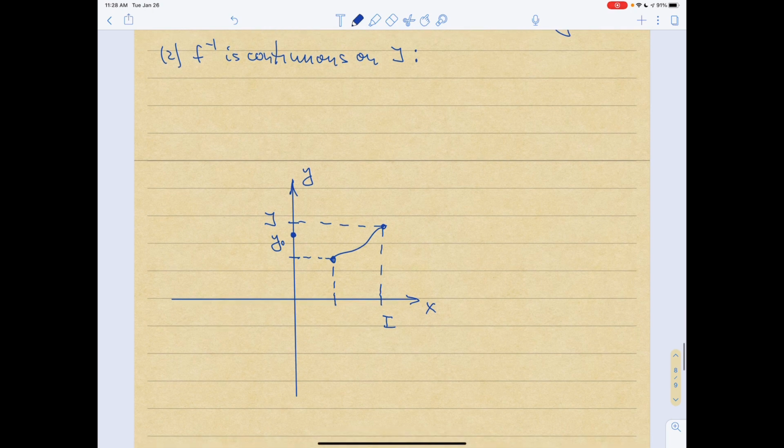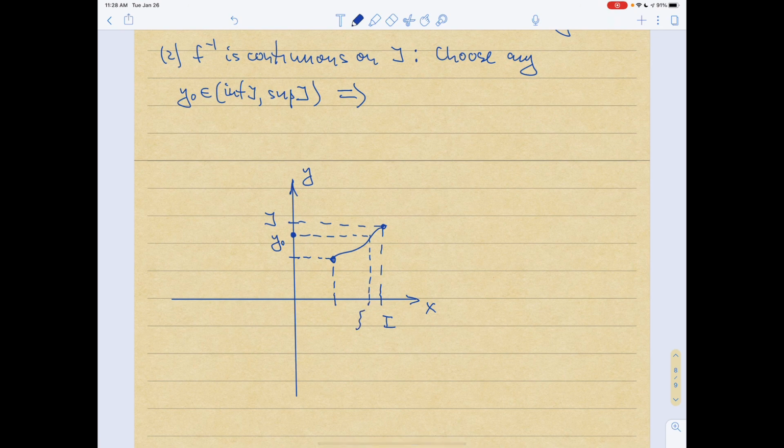So choose any y0 in between infimum of J and supremum of J. So then, if we do that, I can take y0, right, apply f inverse to it, and we end up at some point x0.